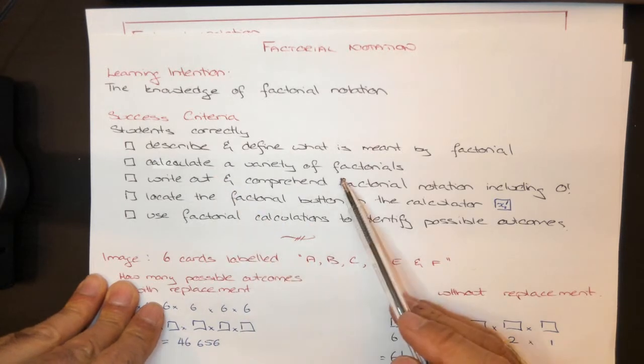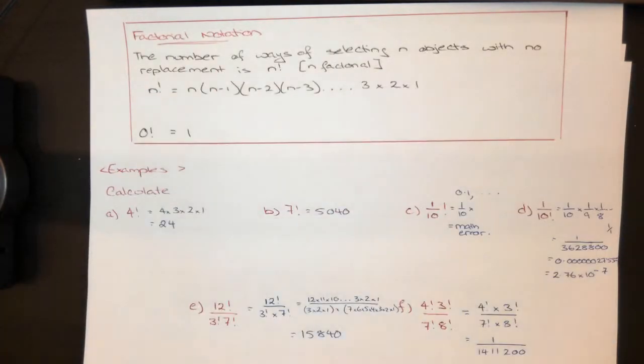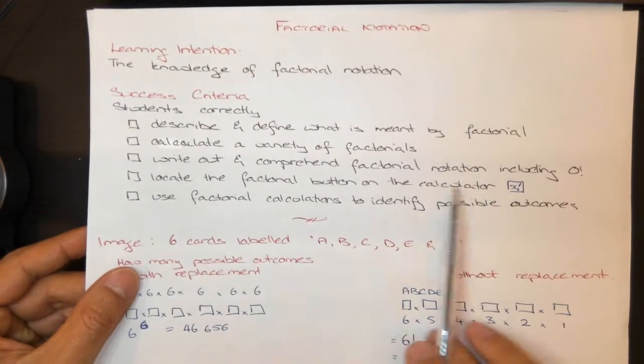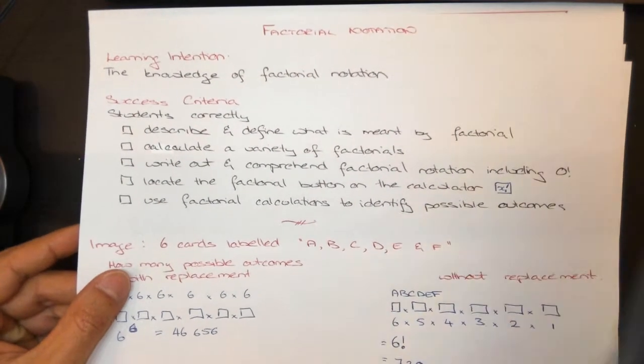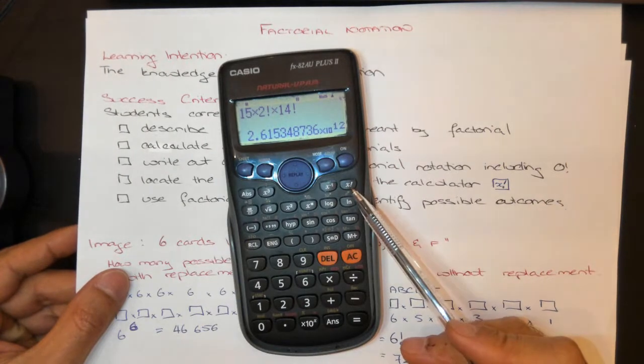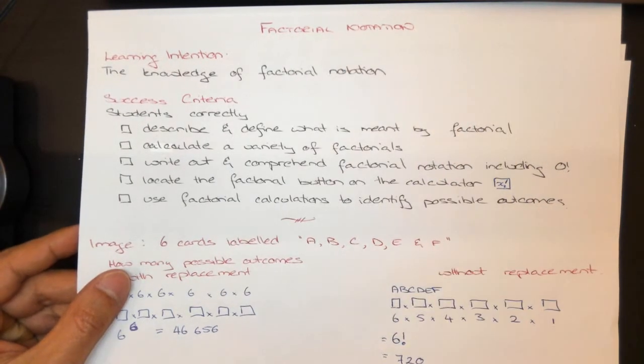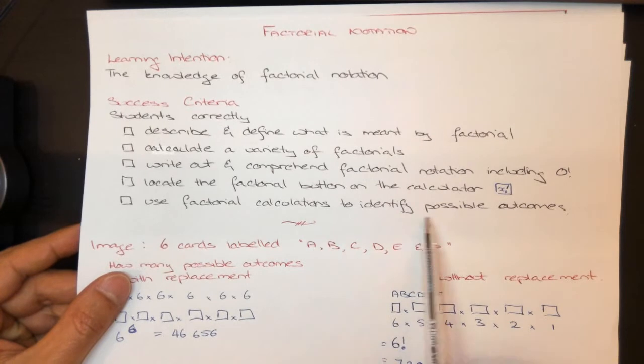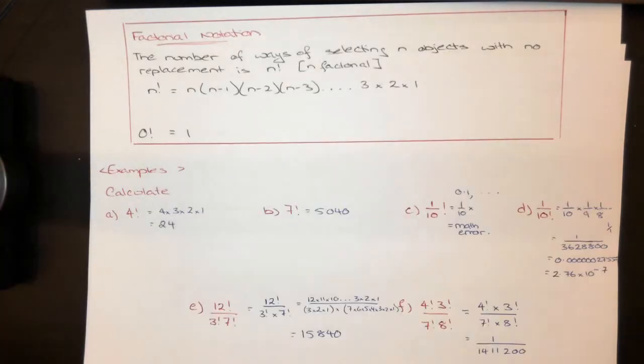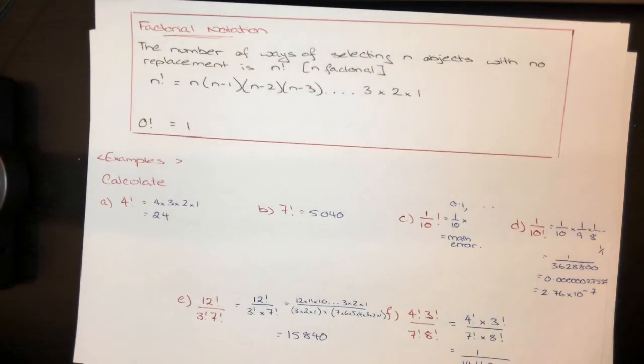Comprehend factorial notation. So we've spoken about things such as 4 factorial. Locate where the factorial button on the calculator is. It's just here, just above your on button. And use factorial calculations to identify possible outcomes, which we have shown through the examples. Okay, thank you very much.